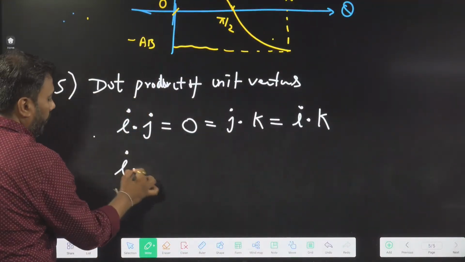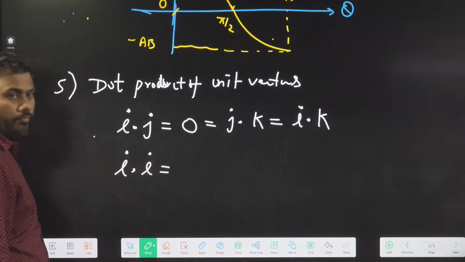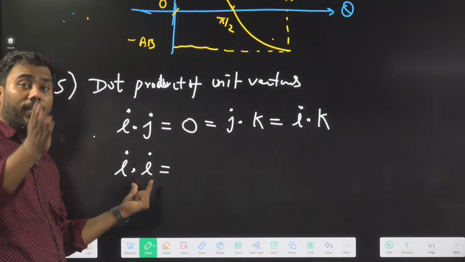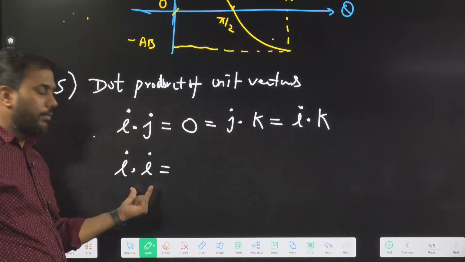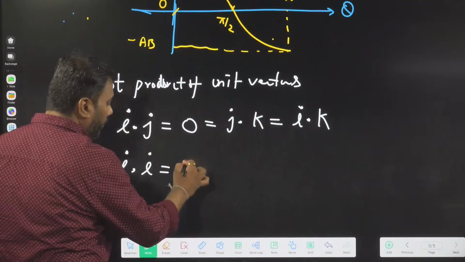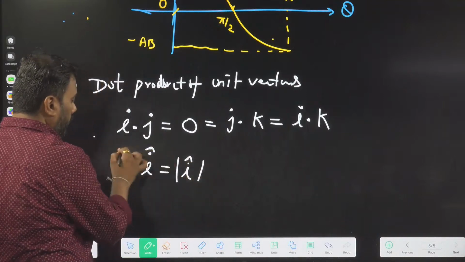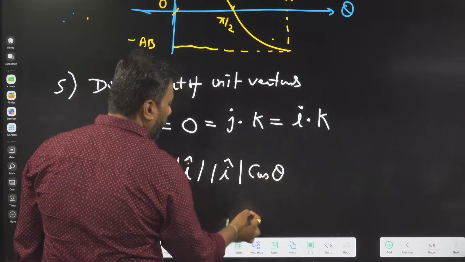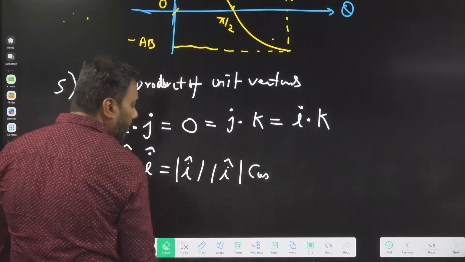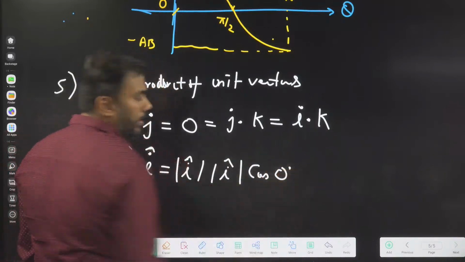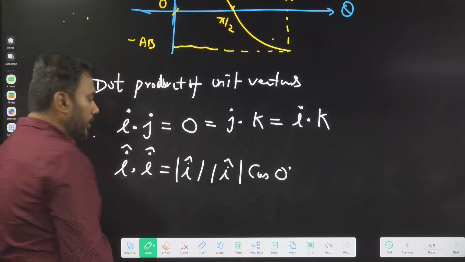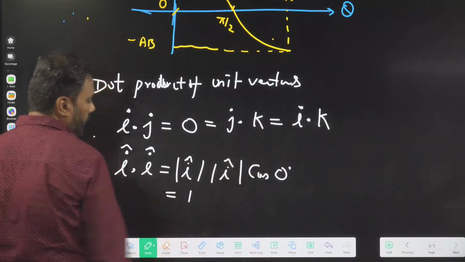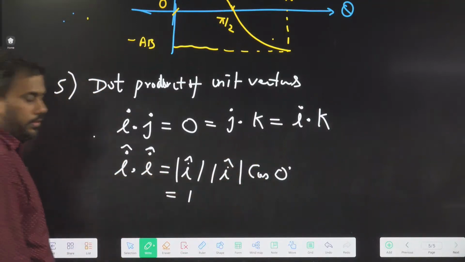But if I multiply i with itself, i dot i, it will be length of i into length of i into cos of the angle between them. Now, the angle of a vector with itself must be 0. A vector is parallel to itself, so it must be 0. So it will be length of i, 1, cos 0, 1. i dot i is 1.